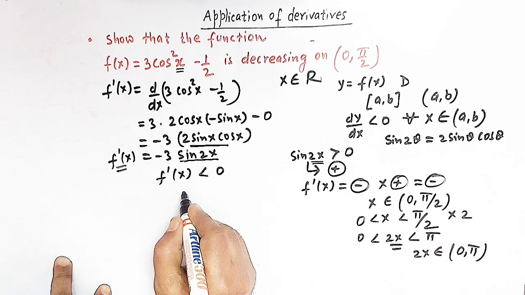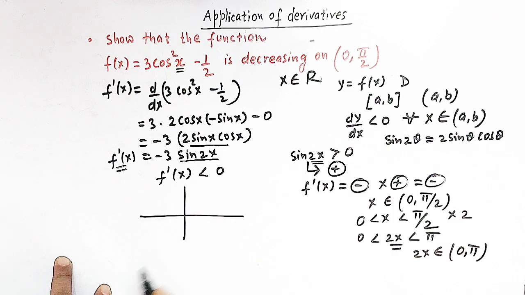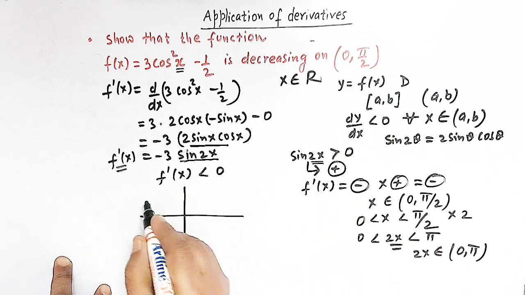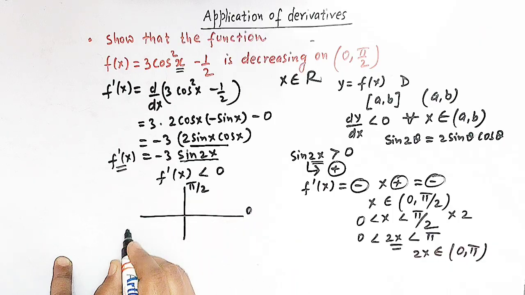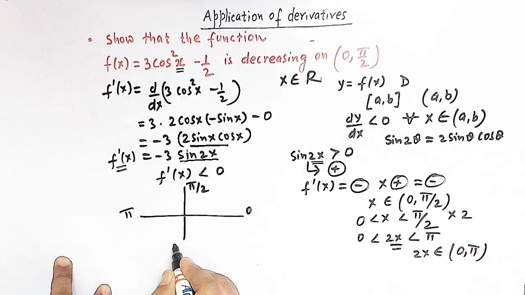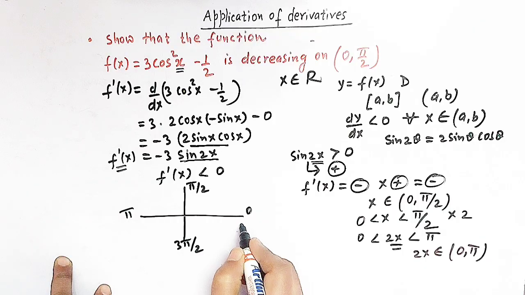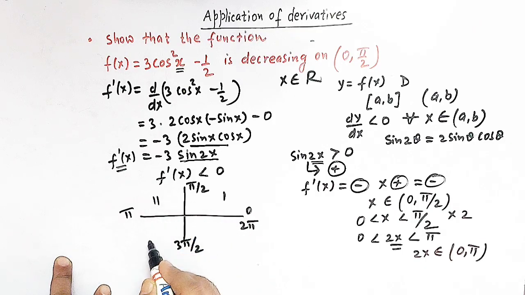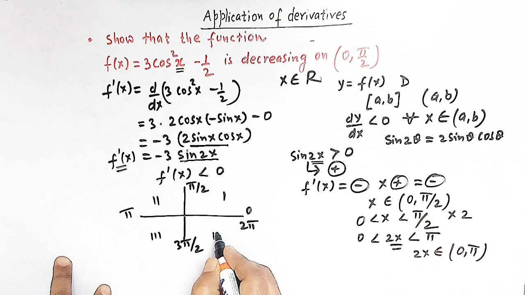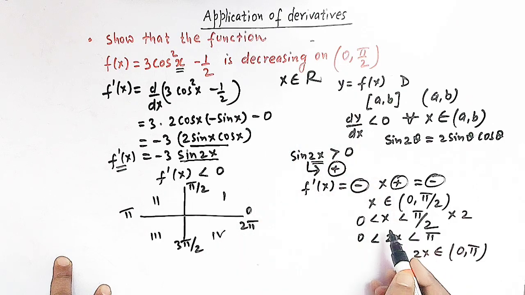So if we see the sign convention of sine function in the four quadrants, here we have 0, here we have pi by 2, here we have pi, this is 3 pi by 2, and here we have 2 pi. This is the first quadrant, this is second, this is third, and this is fourth. So when x belongs to 0 to pi by 2, then 2x belongs to 0 to pi.